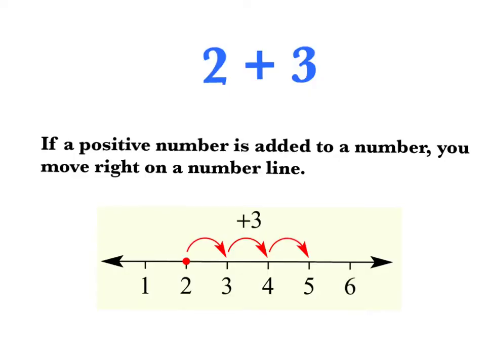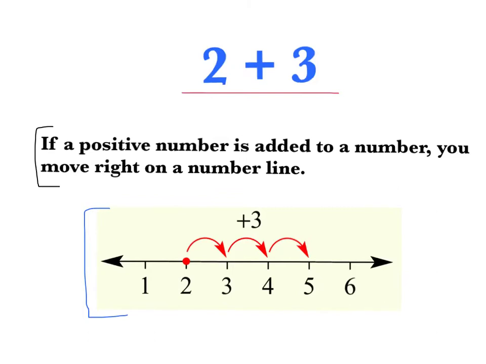What you are going to be introduced to today is hopefully something that a few of you would recognize from primary school, which is the concept of a number line. I would like you to write down this example, 2 plus 3. I'd like you to write this statement underneath. If a positive number is added to a number, you move right on the number line.